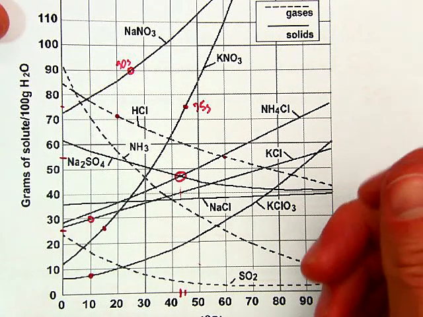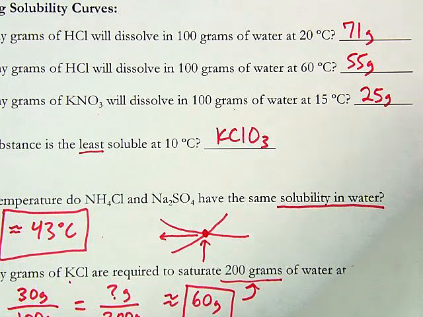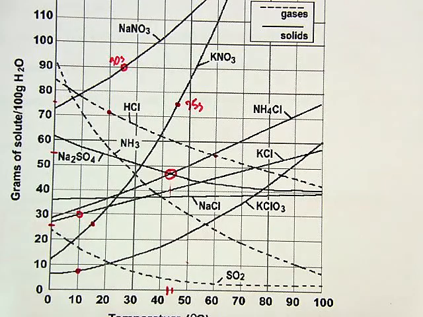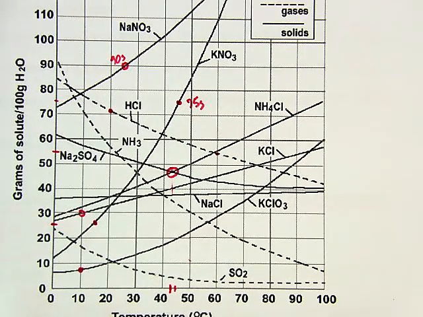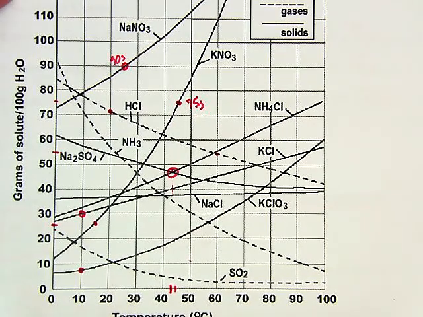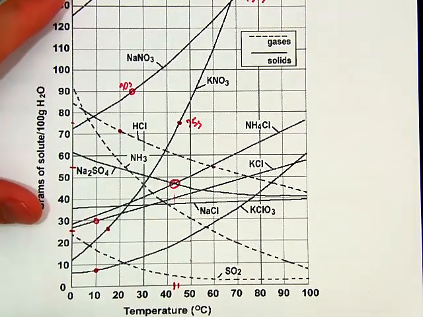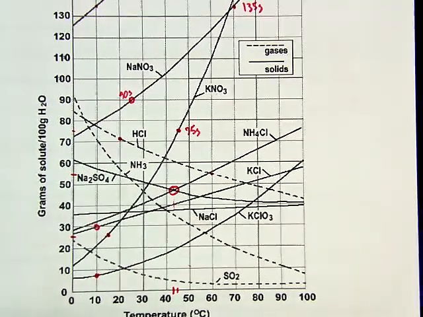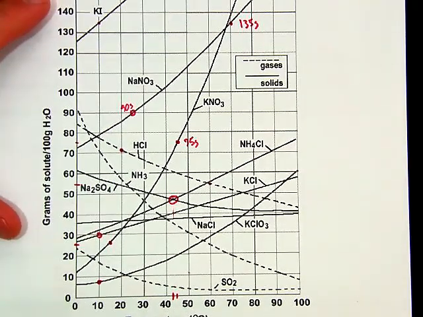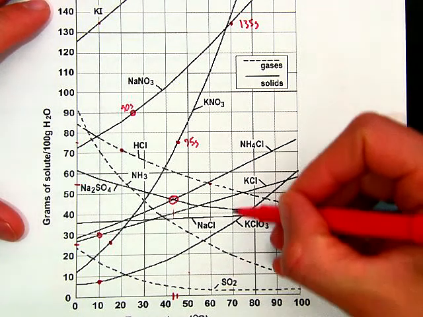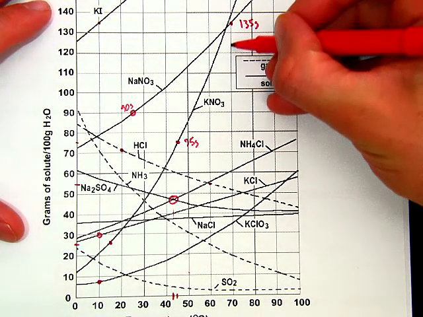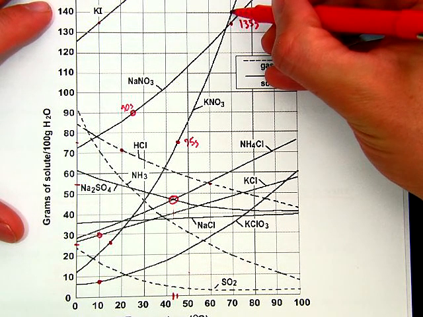And it's asking how many more grams could be dissolved if the temperature were raised to 70. And 70 is actually a little bit out of our zoom right here, but at 70 degrees, I'm going to go up until I hit the line for KNO3, which is actually up here.